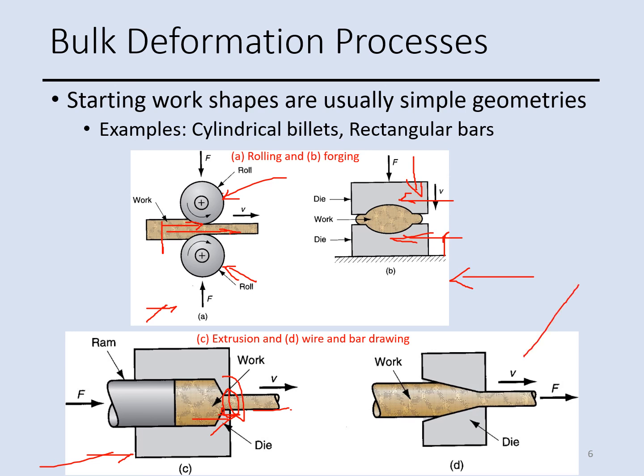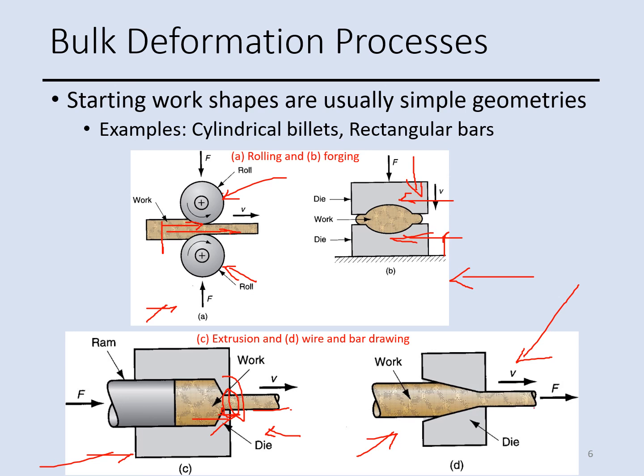The last process is this one, and it's called drawing. It is another forming process where the diameter of a round wire or a bar is reduced by pulling it through a die opening, right? So these two processes, C and D, are very similar, but as you see, the force applied to the workpiece is different.